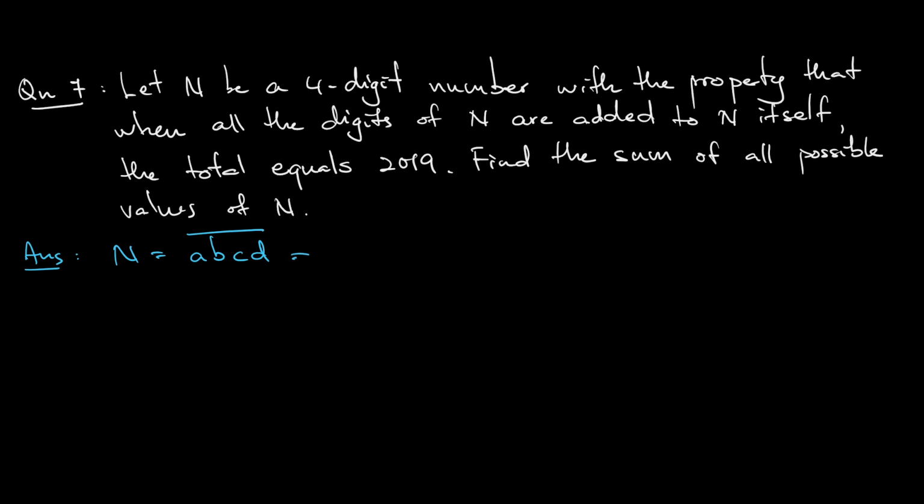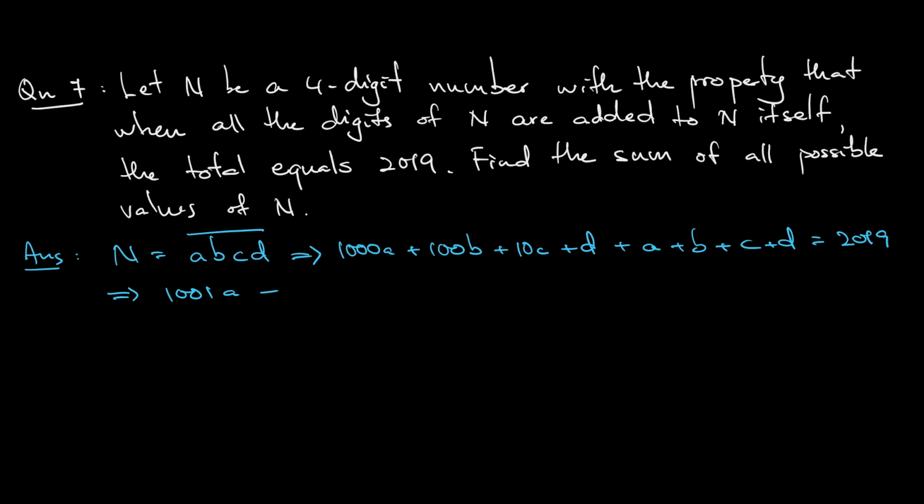So this ABCD in decimal representation can be written as 1000A, 100B, 10C, and 1D. Alright, and then add the digits, meaning you have another A, another B, another C, another D. The sum is 2019. Okay, simplify it. 1001A plus 101B plus 11C plus 2D is equal to 2019.